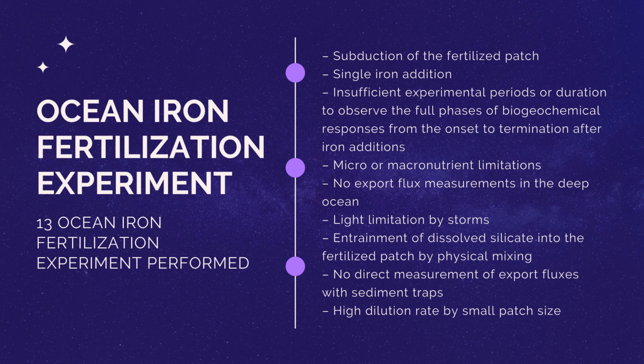All of them show limitations, which are subduction of the fertilized patch, single iron addition, insufficient experimental period or duration to observe the full phases of biogeochemical responses from the onset to termination after iron addition, micro or macronutrient limitation, no export flux measurement in the deep ocean, light limitation by storms, entrainment of dissolved silicate into the fertilized patch by physical mixing, no direct measurement of export flux with sediment traps, and high dilution rate by small patch size.